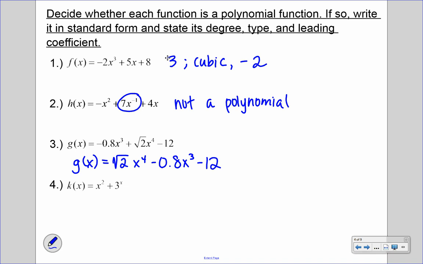Now it is in standard form because it's in decreasing order. The highest degree for this one is 4, so it is a quartic, and the leading coefficient is the square root of 2. Number 4, if I look very closely, I have a variable as an exponent, so this one is not a polynomial.